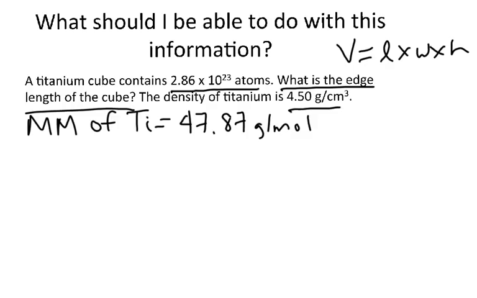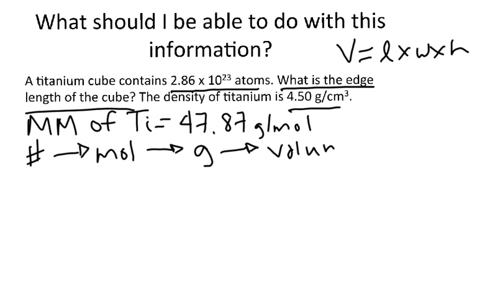So we're going to go from the number of atoms to moles, from the number of moles to grams, and from grams to volume. And then once we have the volume, then we can deal with this edge length part. Okay, so let's set this problem up.